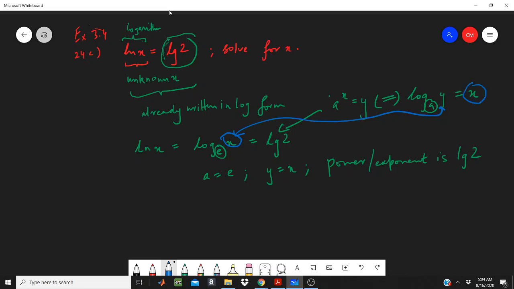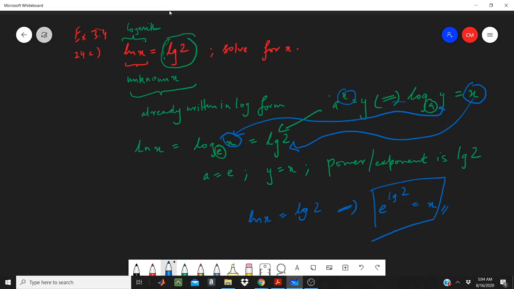So this power is given by lg 2. Okay, so ln x equals lg 2, straightforward. You can just write this as e raised to the power lg 2 equals x.